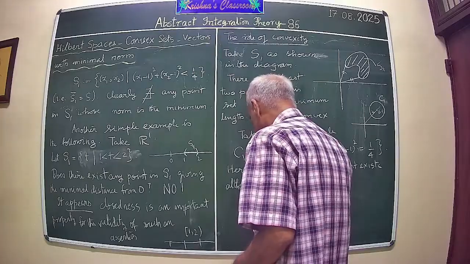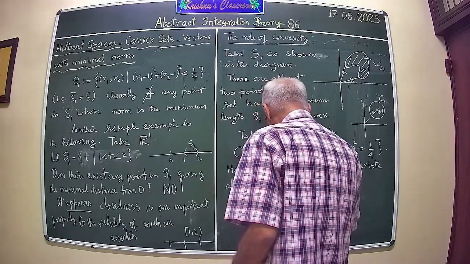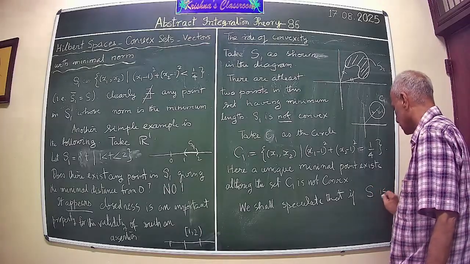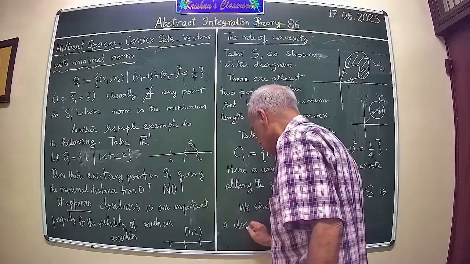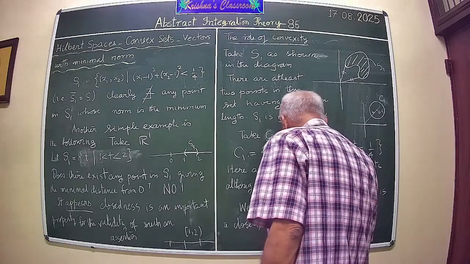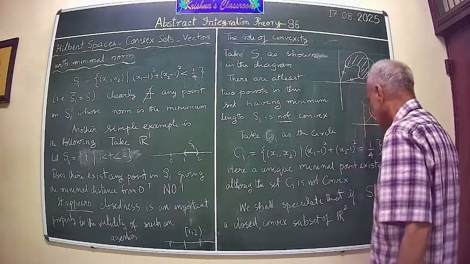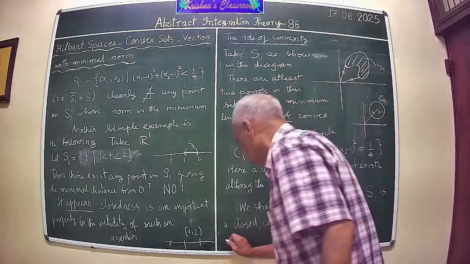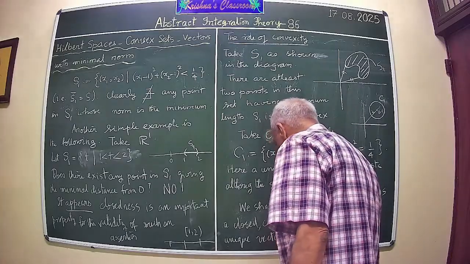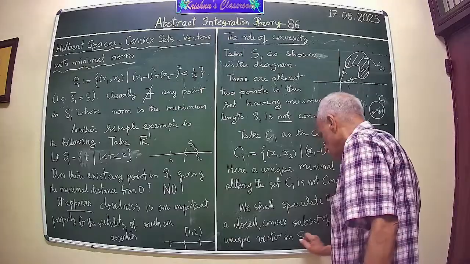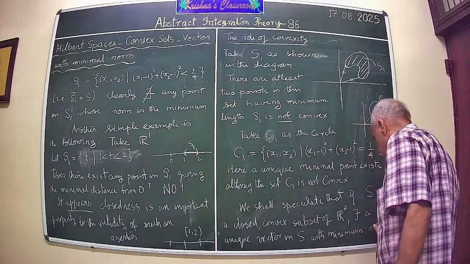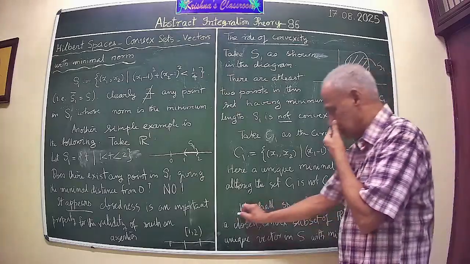Therefore we shall speculate that if S is a closed convex subset of R2, there exists a unique minimum in S. This is something that we can speculate.